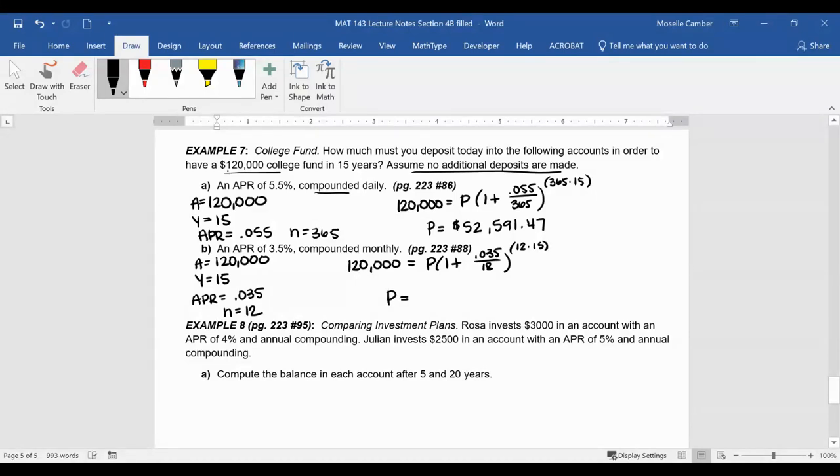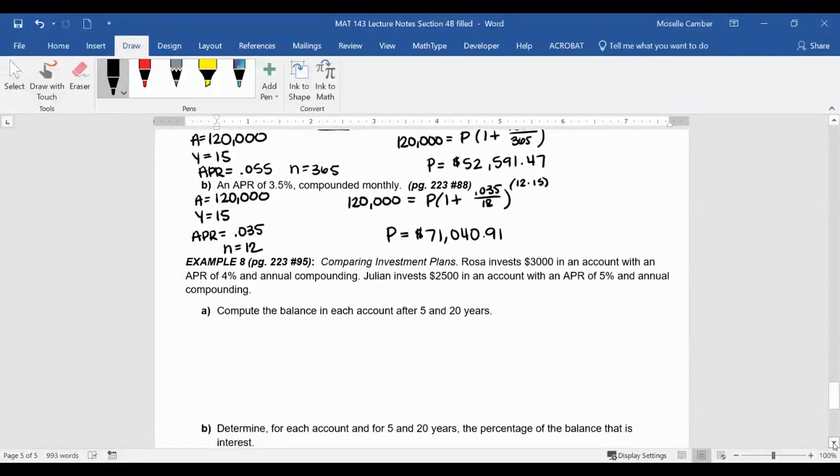Finding that first and then dividing 120,000 by that, you get $71,040.91. So it's compounded more often, but the smaller APR makes it so you have to have a higher deposit at the beginning.